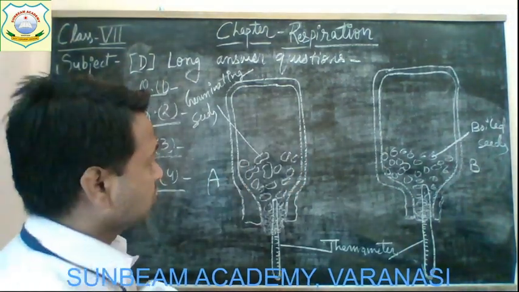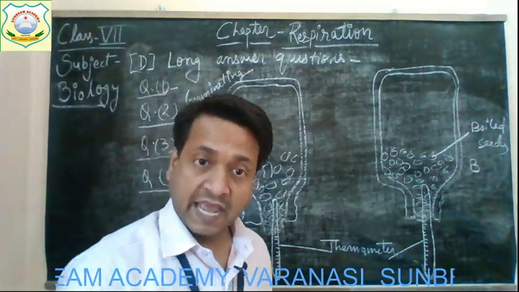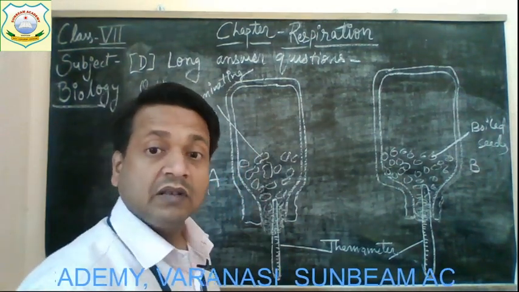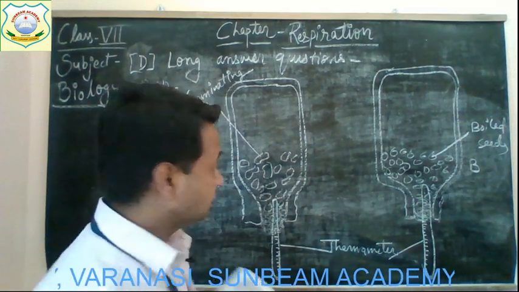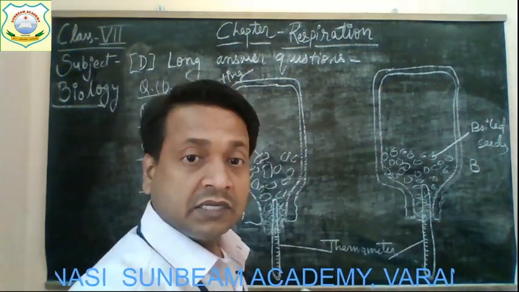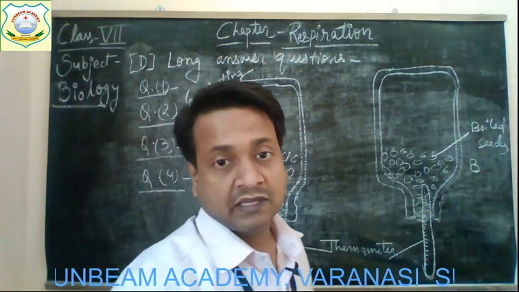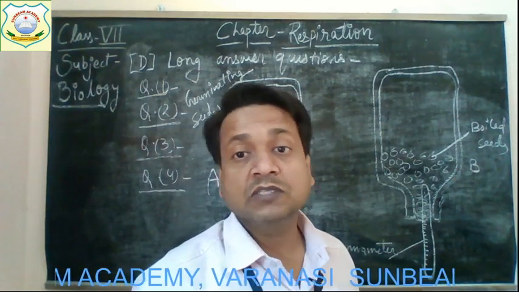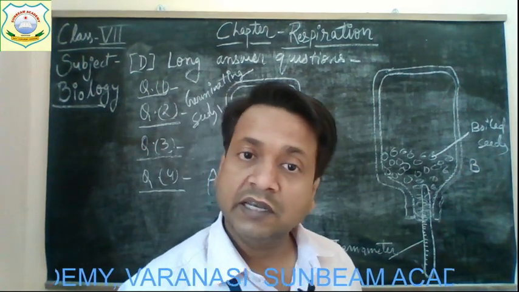Okay, children? So these germinating seeds will respire, and as a result they will produce heat, so that the thermometer will show that the temperature inside flask A is more as compared to the temperature inside flask B, because in flask B boiled seeds are there and the boiled seeds cannot respire, and when the respiration process does not occur in flask B, the temperature will not increase.